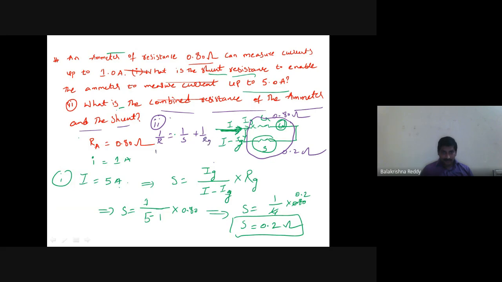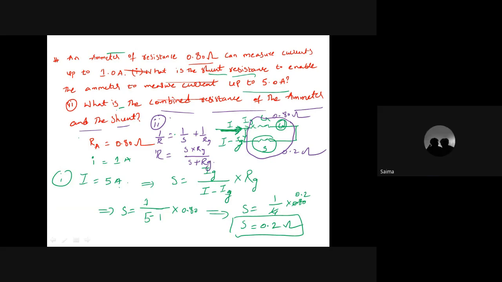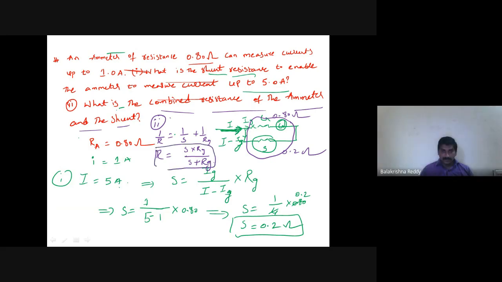So 1 by R equal to (S plus Rg) by S into Rg.